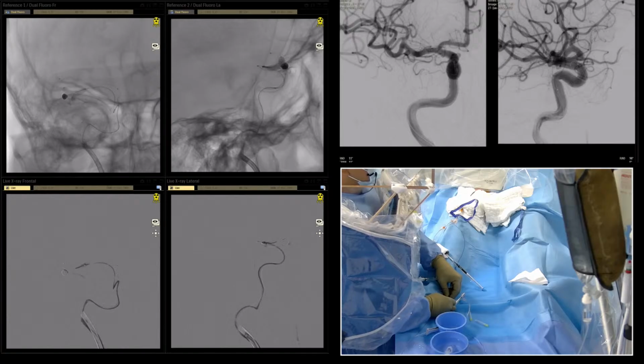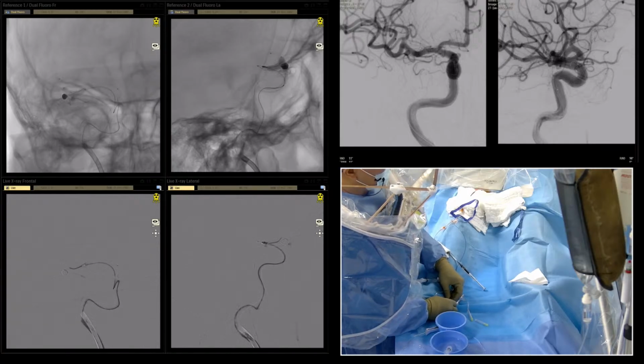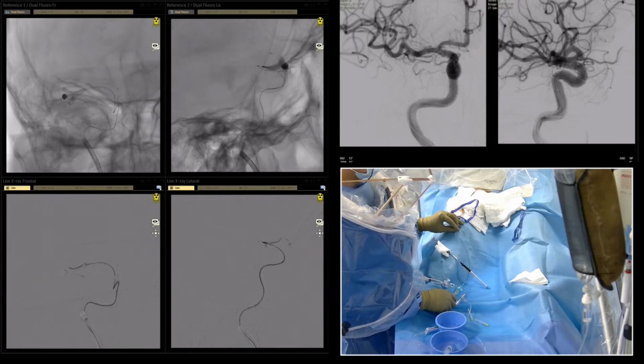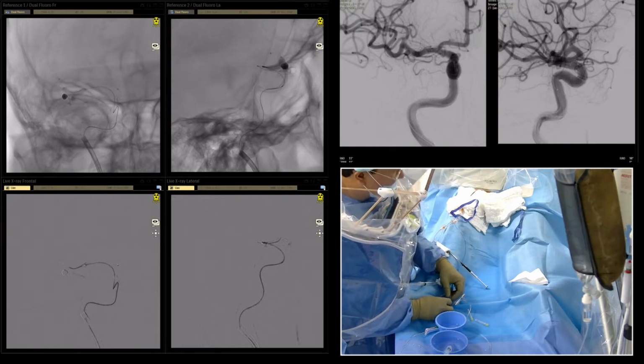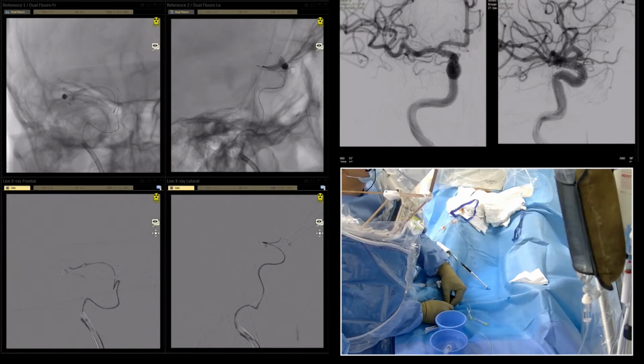Yes, the only balloon catheter at this time is the Eclipse double lumen. That's why we should work. It's not going. It's not going, huh? Maybe because it's inflated, huh?